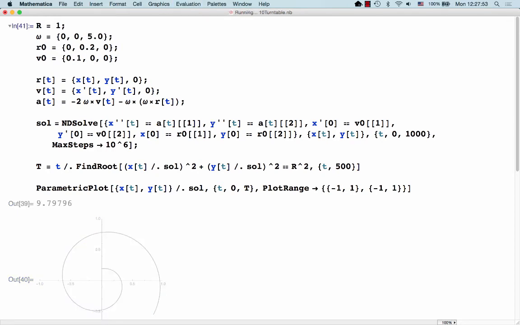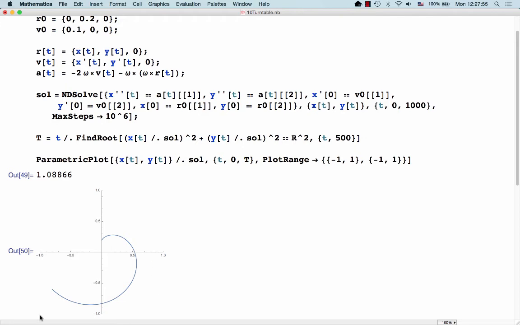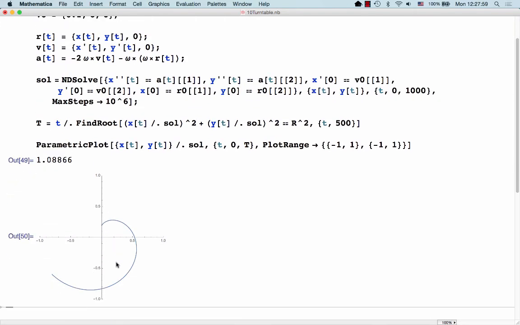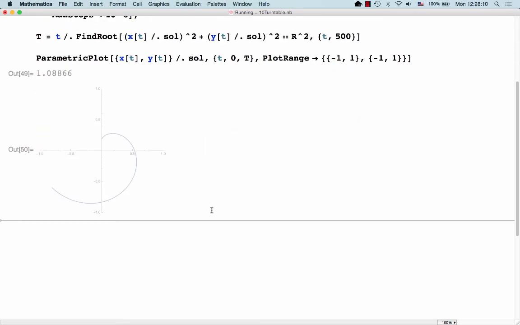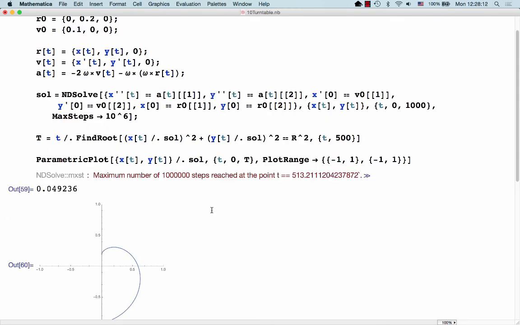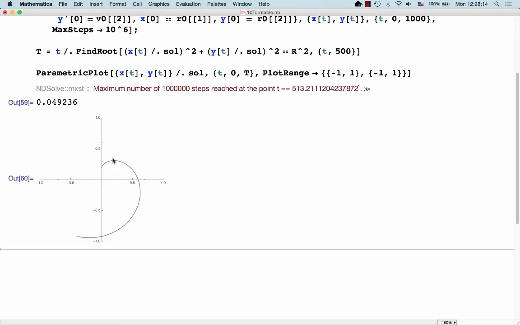And now if we get to big numbers, we're starting to see that the centrifugal force is playing a big role, but the spiral still hasn't gone away. And if we go to absurd values, we're still getting some sort of an arc here.